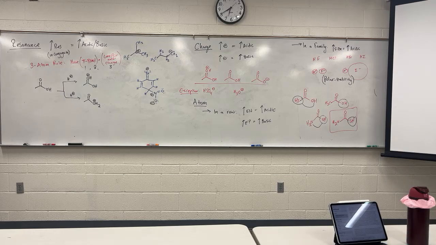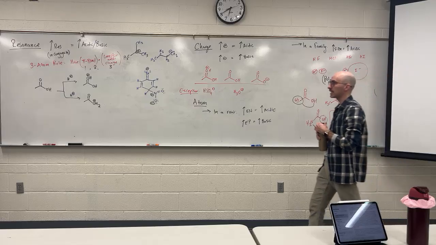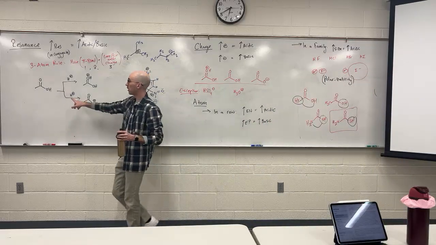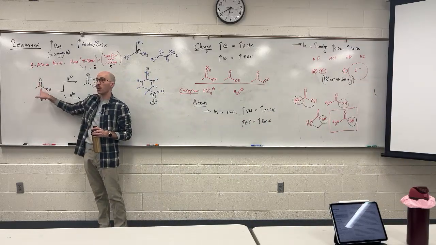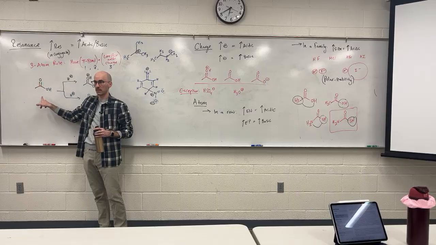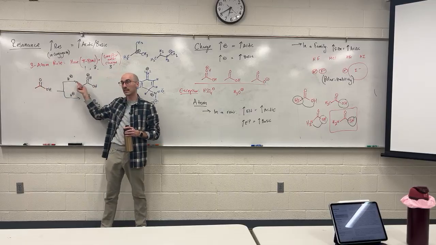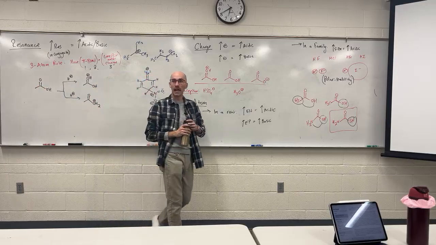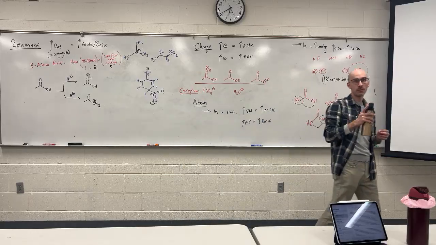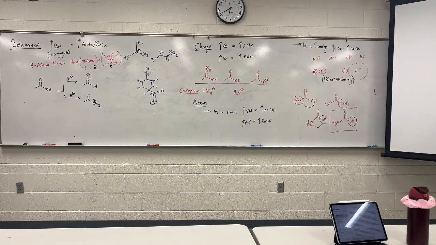Work with your groups to decide which of those forms is more likely to exist. In other words, which of these oxygens is more basic? Which of these oxygens is more likely to accept the proton? And look for the possibility for resonance. Man, the time flies when you're talking about acids and bases.